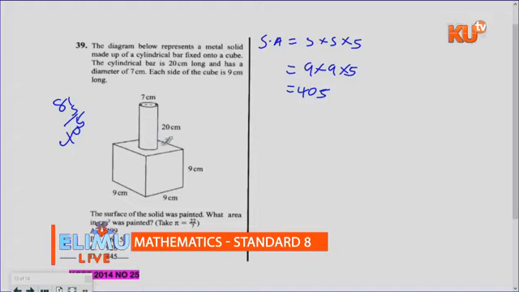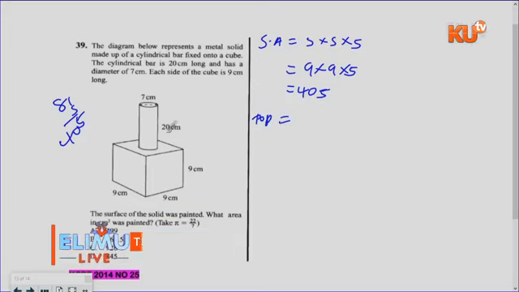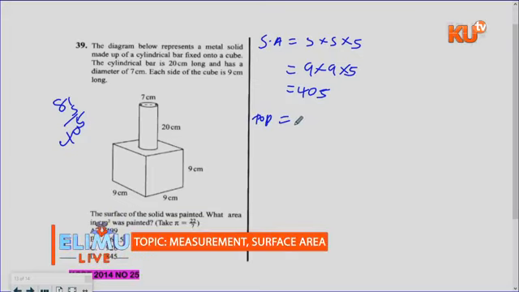Now remember, we are supposed also to find the area of the top part. How do you find the area of the top part? The top part is fixed with a metal rod. So we just find the area of the top part, which is a square. So we take 9 times 9, then subtract the area of the circle, which is pi r squared.